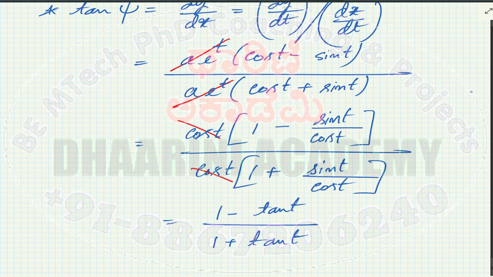Now we have one very important relationship that we can write directly from the basics of trigonometry. If you have something like 1 minus tan theta divided by 1 plus tan theta, this can be written as tan of (pi by 4 minus theta).